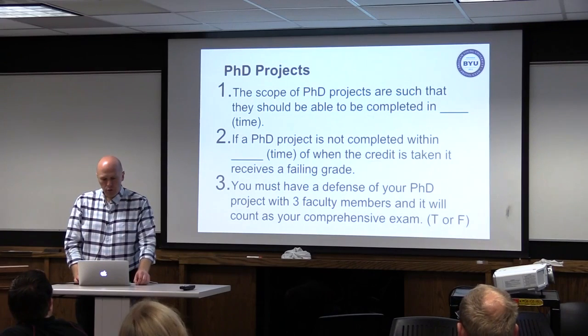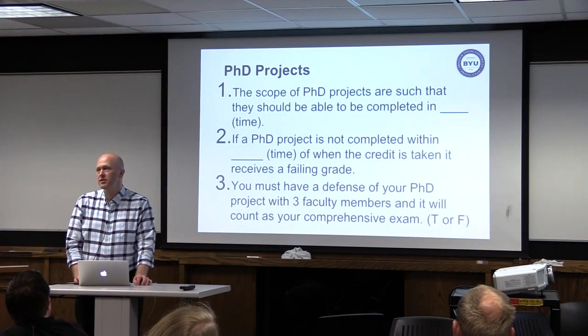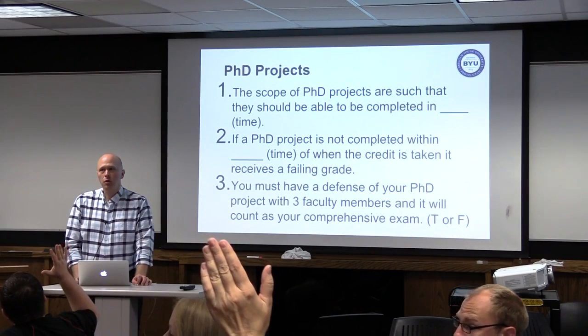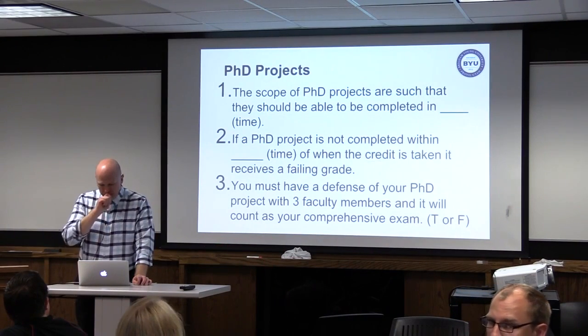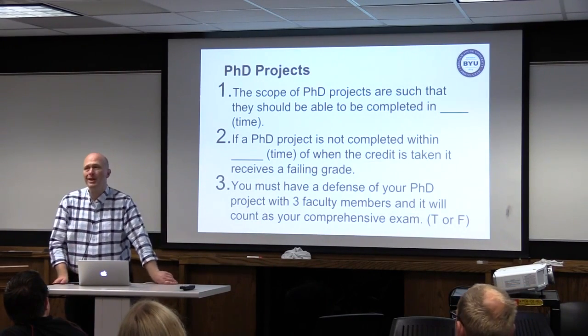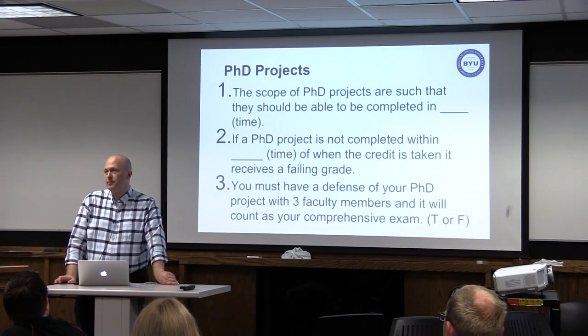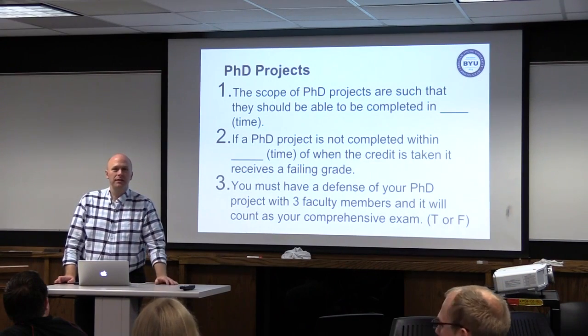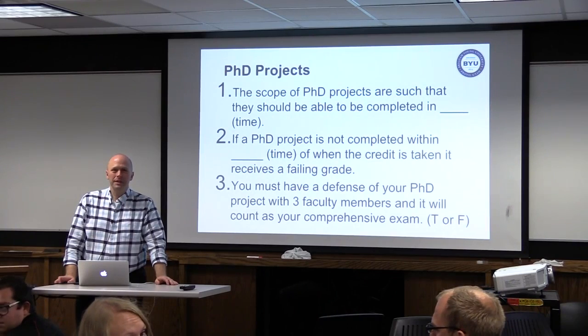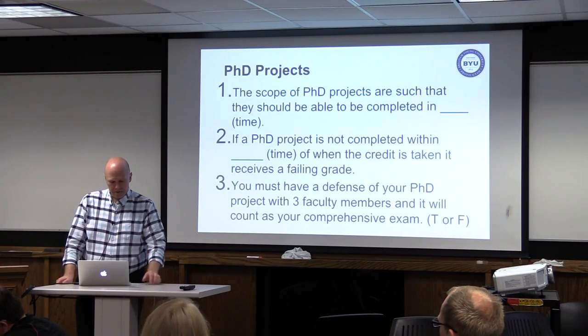All right, the scope of PhD projects. So who are PhD students? The scope of PhD projects are such that they should be able to complete it in what length of time? Sandy? One semester. Yep, roughly a semester.